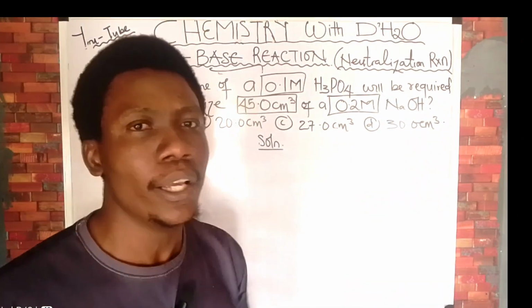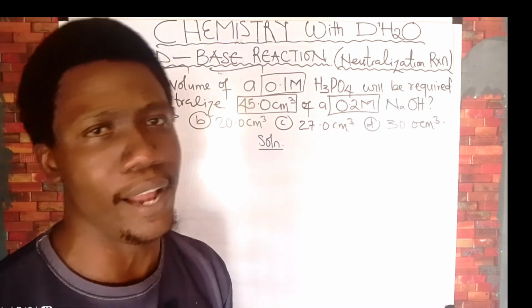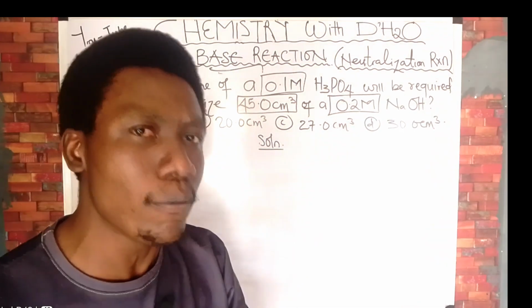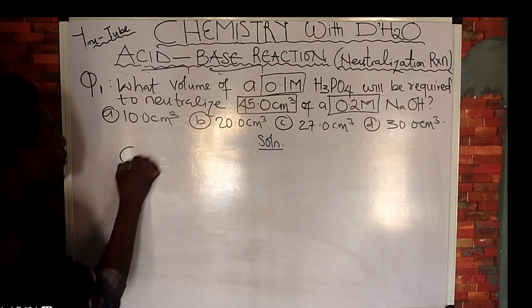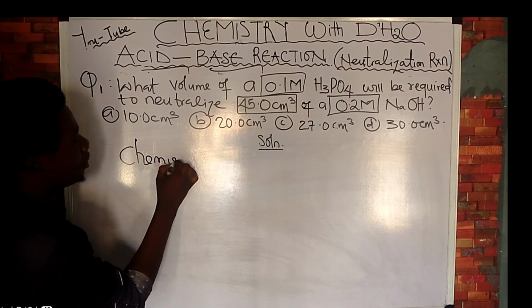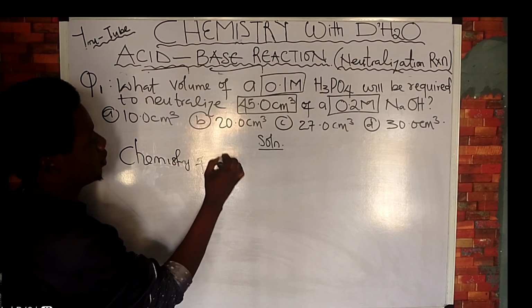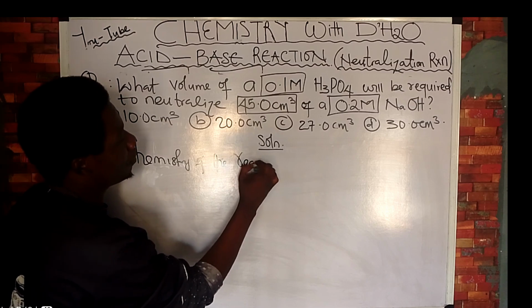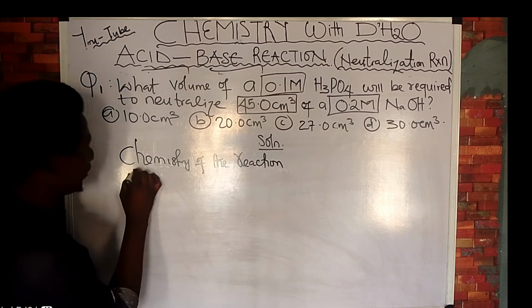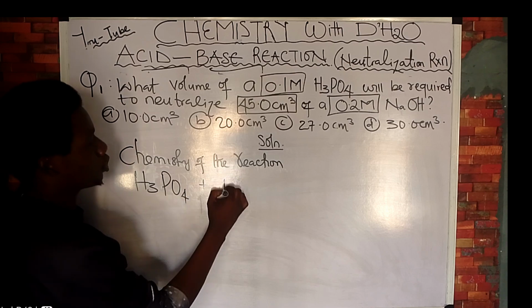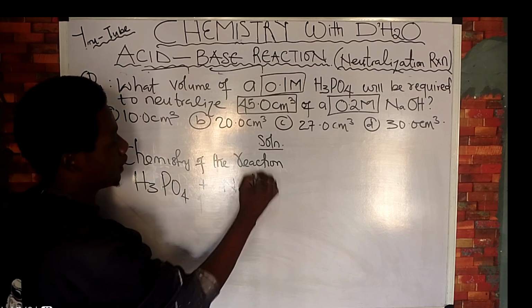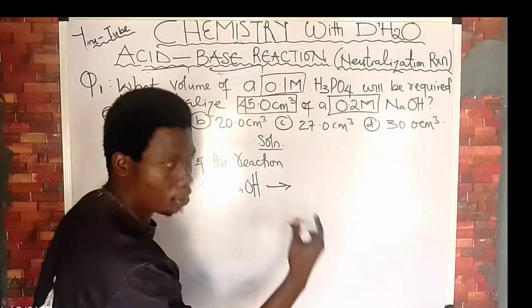Now, what do we have to do first? The first thing to do is to write the chemistry of the reaction, so as to determine the number of moles of acid and base respectively. The reaction has H3PO4 plus sodium hydroxide, which will give us salt and water.